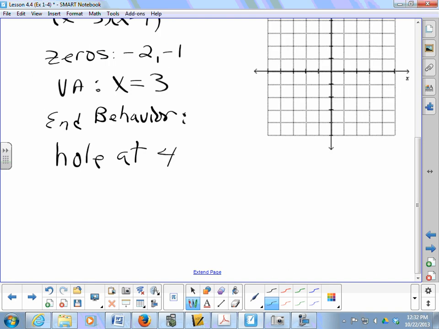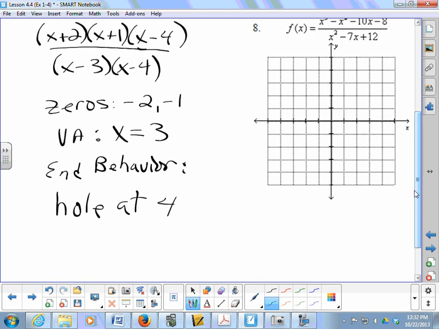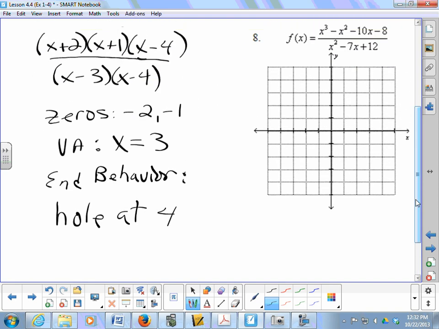If I take the first term of each one, we've got x cubed over x squared. When I simplify that, I get x. That's a line, isn't it? It's on a diagonal kind of. So whenever the degree of the numerator is larger than the denominator, if it's one larger, you have what's called a slant or oblique asymptote.